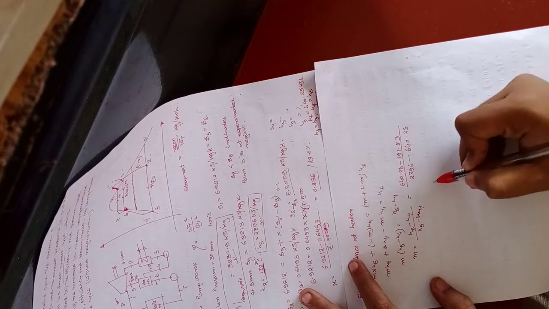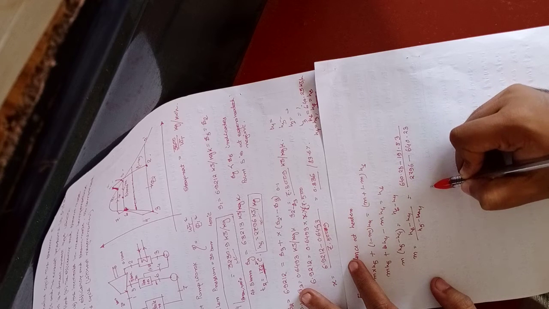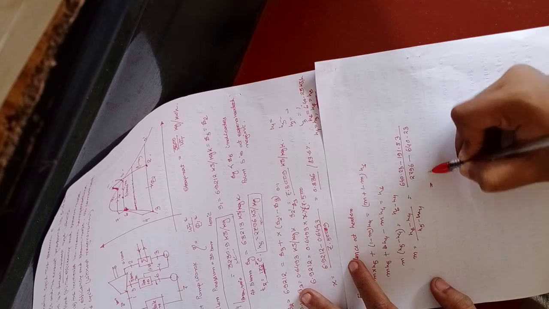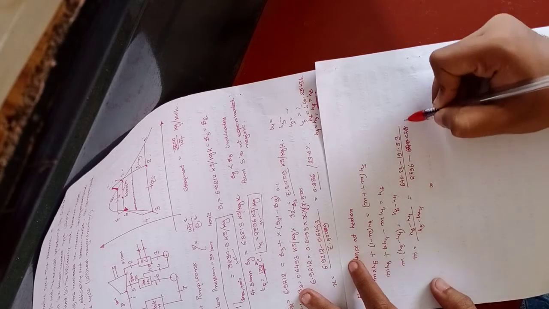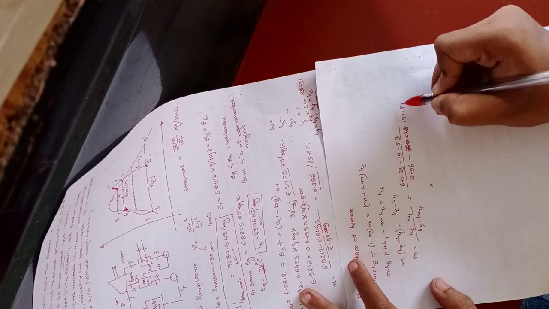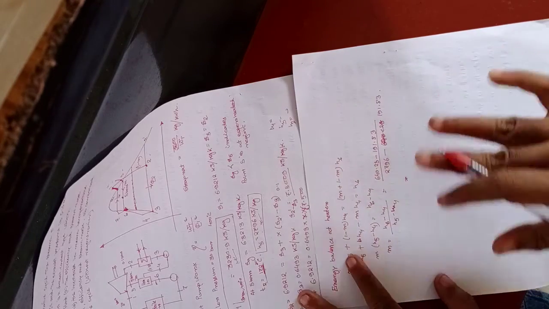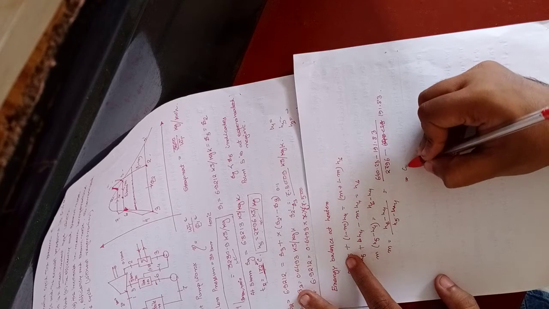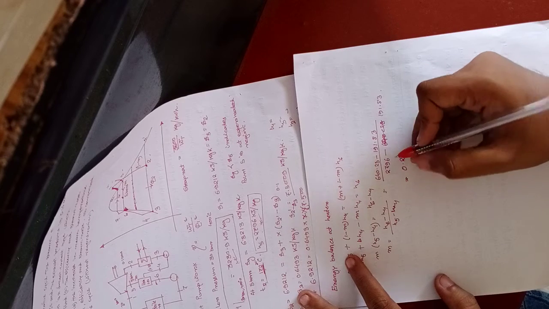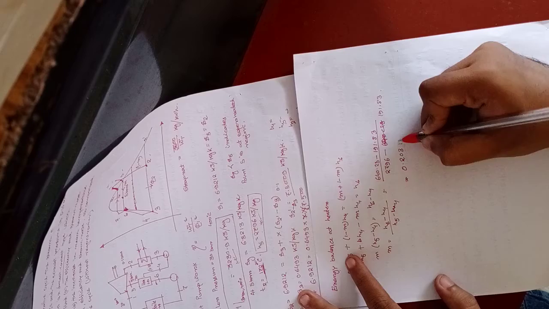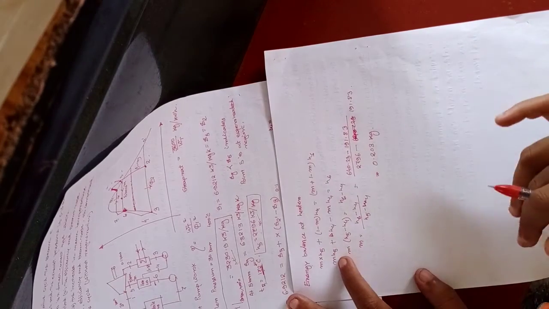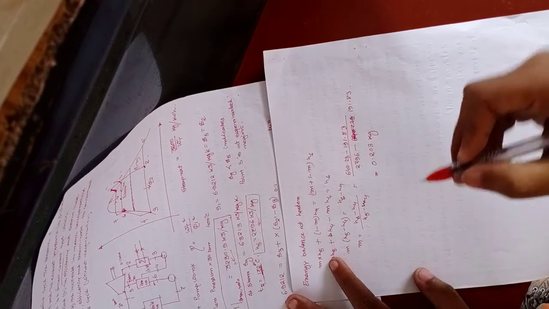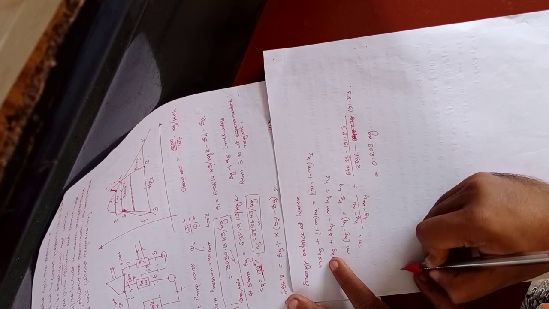So M will come, let me find it out, 0.203 kg. So it will come 0.203 kg.